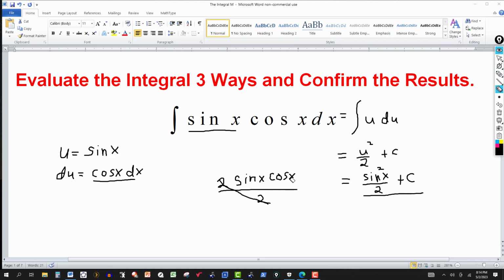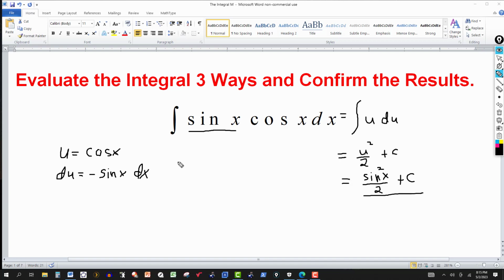So that checks out. Now the other way we'll do it, let's let u equal cosine of x. And this time the derivative of cosine is minus sine x dx. So let's start in this case.